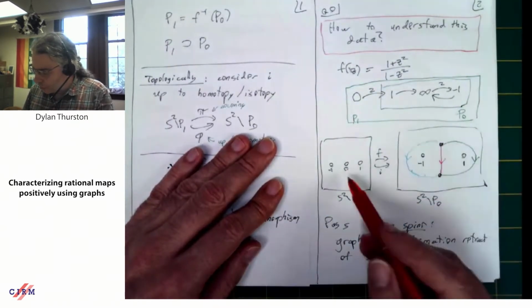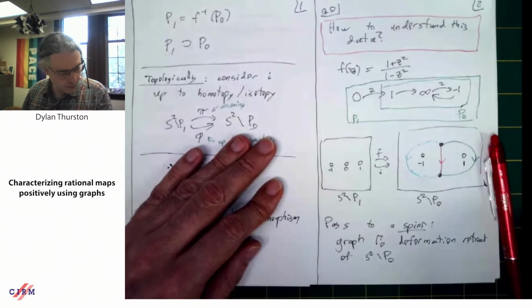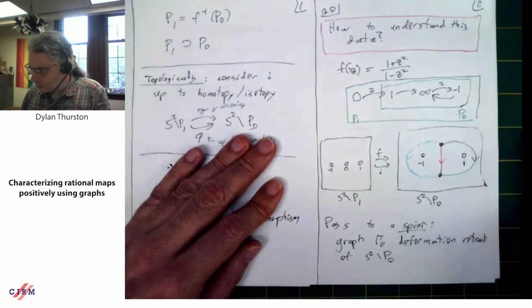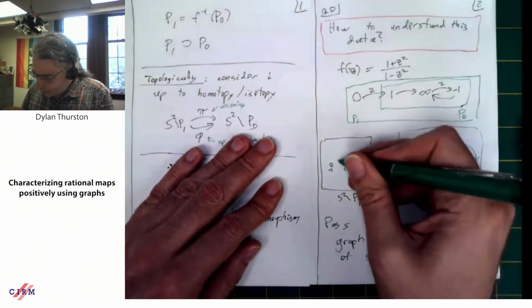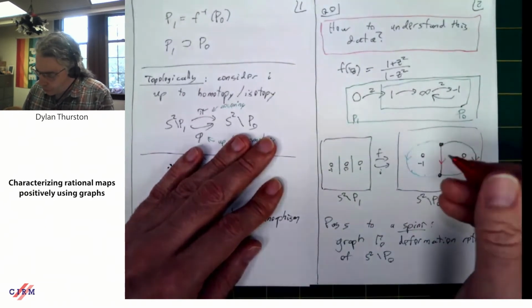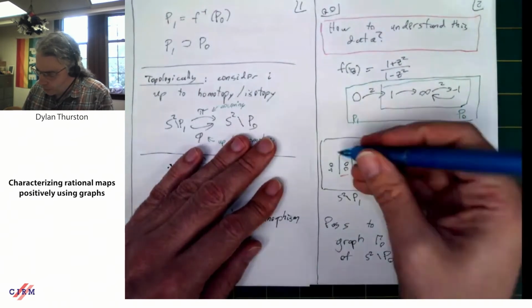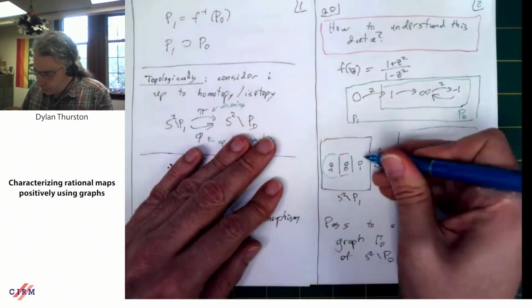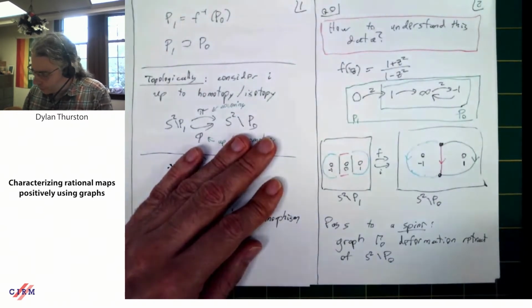And 0 maps to 1. I got my notes backwards, so I'll work it out on the spot. So you see a thing like this.